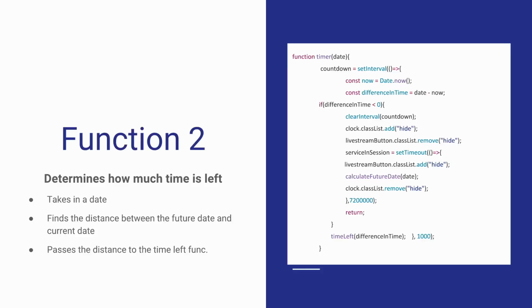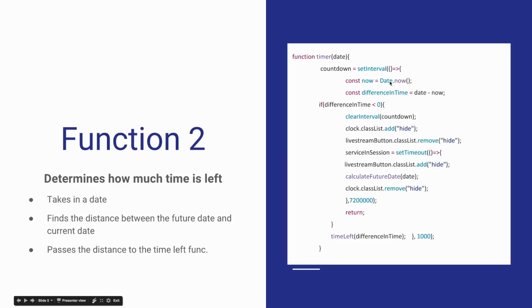Function number 2 is going to determine how much time is left. So it's going to take a date in as a parameter, right? That's the new date we had calculated in function 1. And we're going to find the distance between the future date and current date, and that's what we do right here.